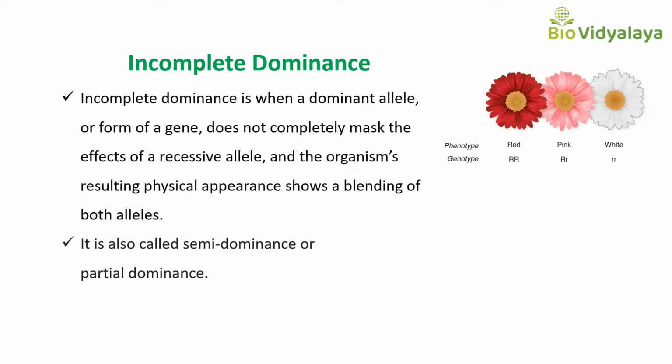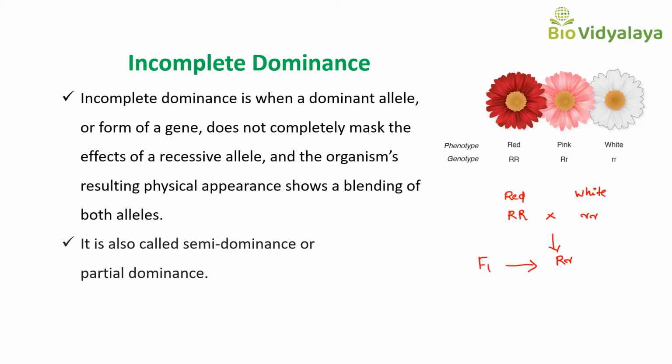In the case of a monohybrid cross, if we cross pure breeding, that means homozygous, red color flower, that means capital R, with pure breeding white color flower, then we will get capital R small r as F1 hybrid.